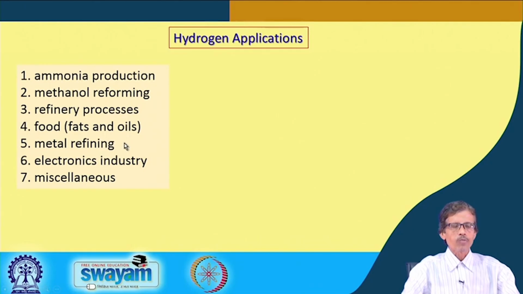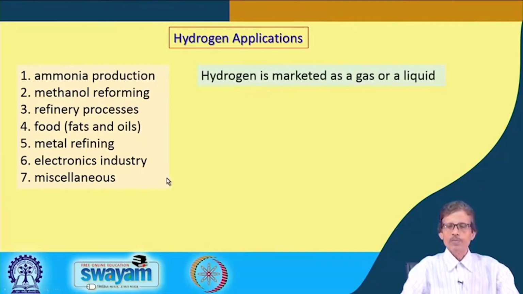So not only metal refining, but the corresponding metal hydride production is also dependent on hydrogen. Then the electronics industry is also utilizing hydrogen for removal of some of these surfaces or for getting clean surfaces, and different miscellaneous techniques can be utilized for hydrogen applications.